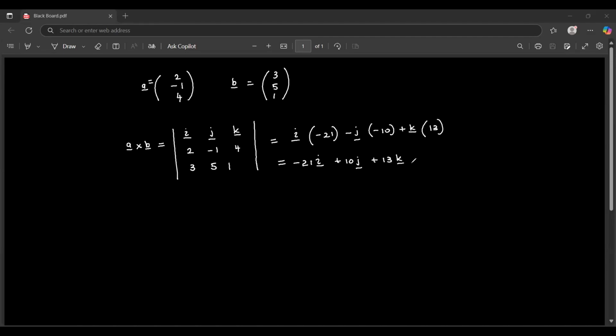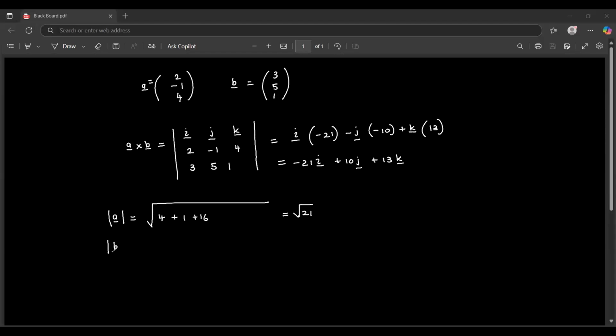Now we can find the angle between these two vectors. First of all, let's find the magnitude of these vectors. I'll pin the link for finding the magnitude of a vector, you can watch it. So magnitude of A is equal to the square root of 4 plus 1 plus 16, that is the square root of 21.